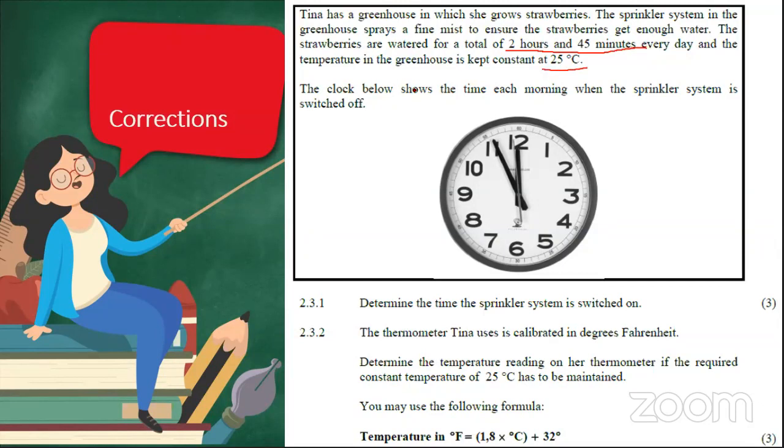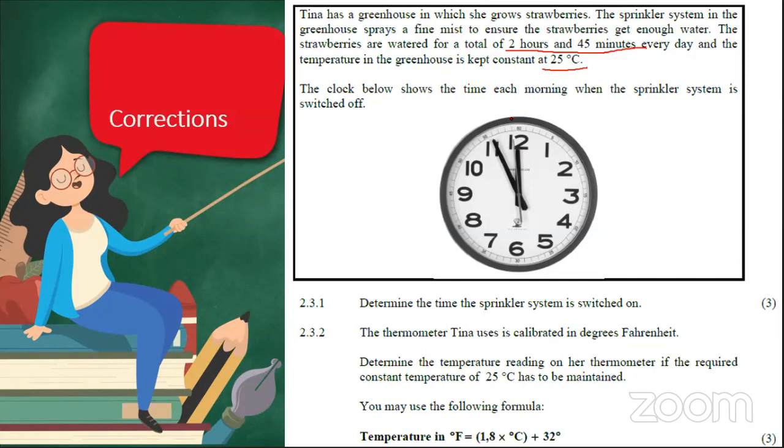The clock below shows the time each morning when the sprinkler system is switched off. So they obviously opened the sprinkler system before, and they're now closing it at this time, so you should know what this time is.